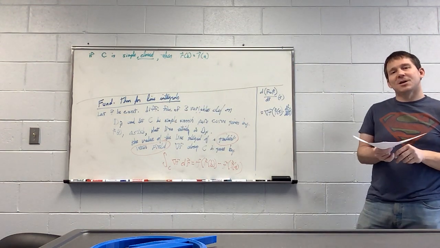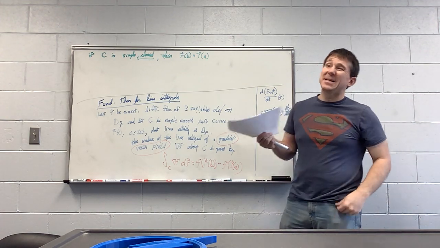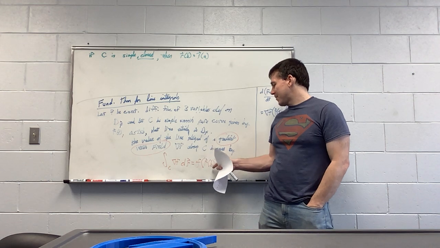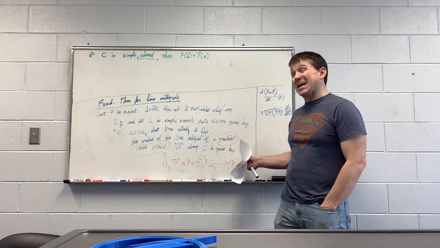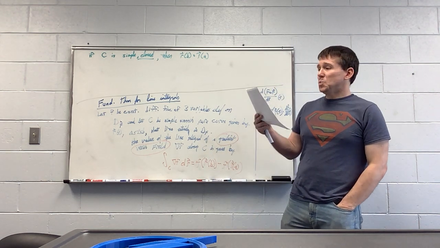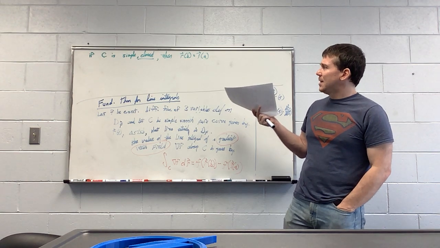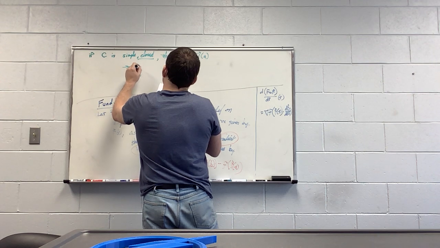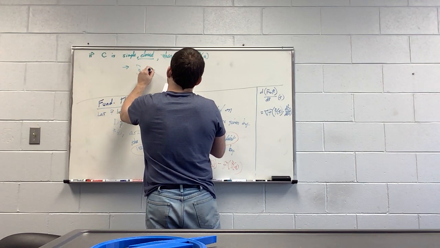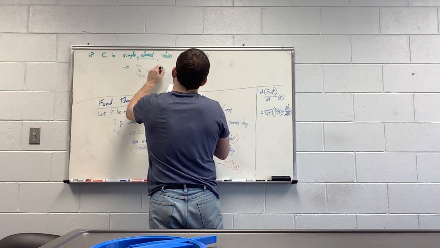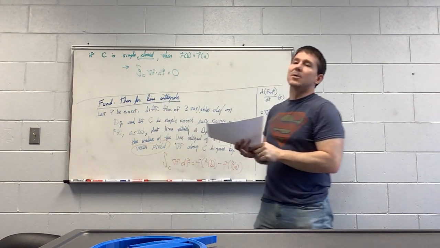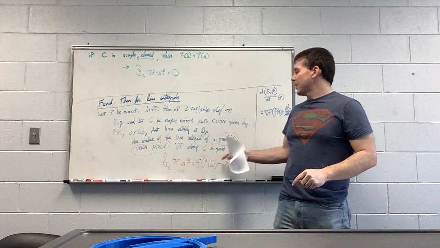If I have a closed curve, then I start and end at the same spot, which means A and B are the same, which then means I'll get f of r of b minus f of r of a, but r of b and r of a are the same, which then tells me that the line integral of the gradient of f dr along the closed curve is 0, because those two things are equal.